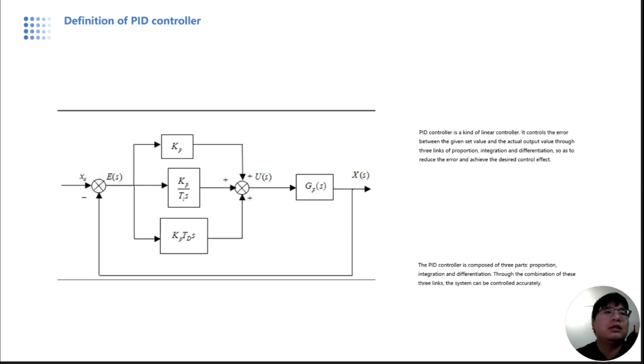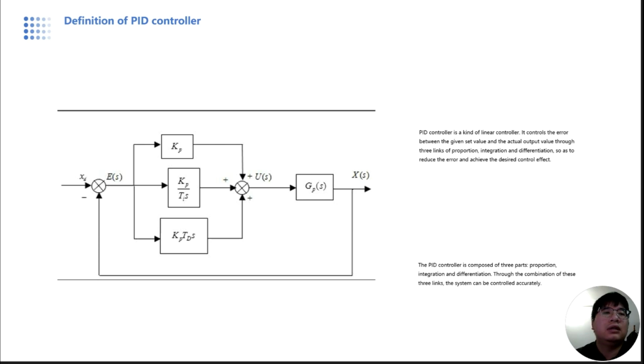The system has a target value, such as the speed we want the car to reach. The controller, also known as our PID, calculates a control variable based on the error between the current value and the target value to drive actuators such as motors, changing the state of the controlled object, like a car.